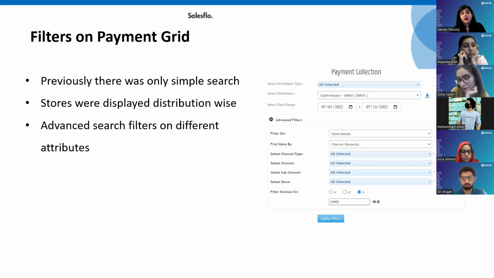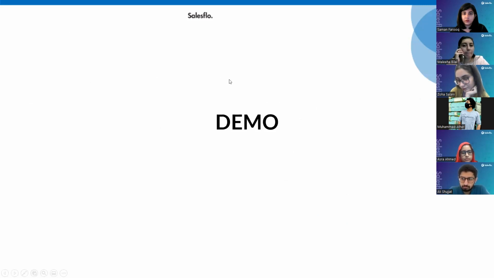Now we've incorporated an advanced search option, where you can select different date ranges and filter on store balances as well, and only those specific stores will be filtered on the grid. Astra will be giving you a demo of how the feature works. So over to you, Astra.